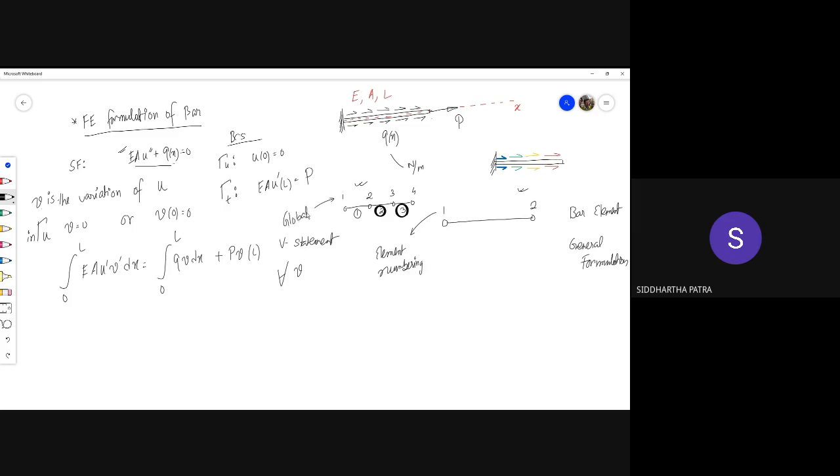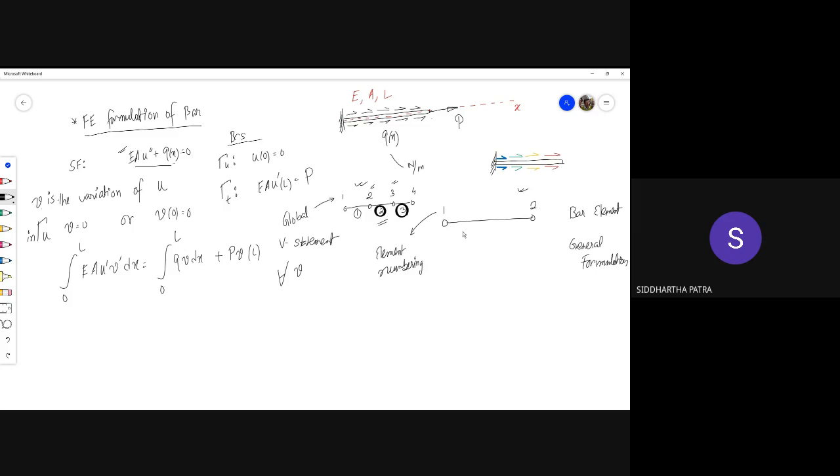Point being that for element number 2, node number 2 acts as node number 1, and node number 3 acts as node number 2. Okay, so what we are about to develop is a routine process which we can repeat for multiple elements, and computers are good at doing routine processes.